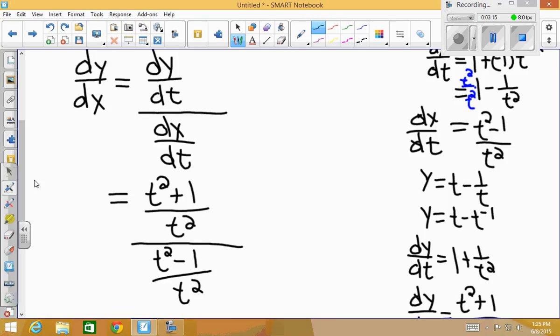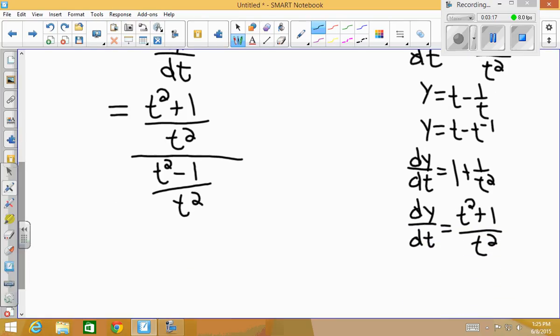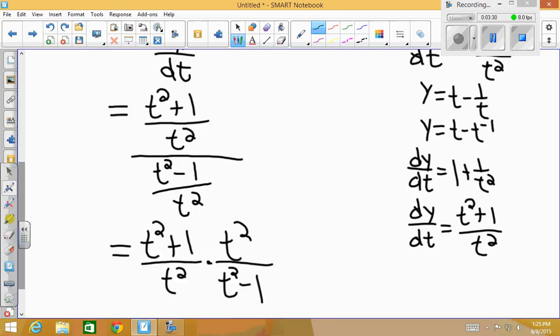To divide fractions, remember you multiply by the reciprocal of the denominator, so t squared plus 1 divided by t squared times t squared divided by t squared minus 1. In this case, the t squareds cancel.